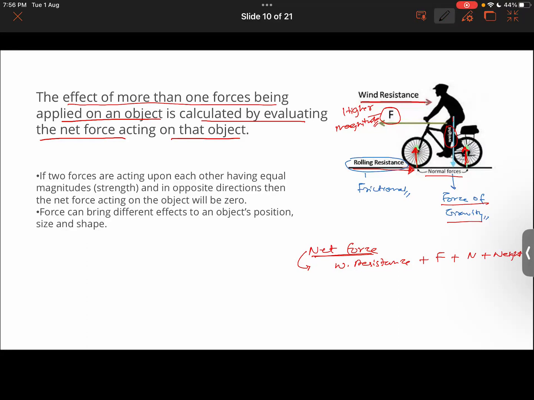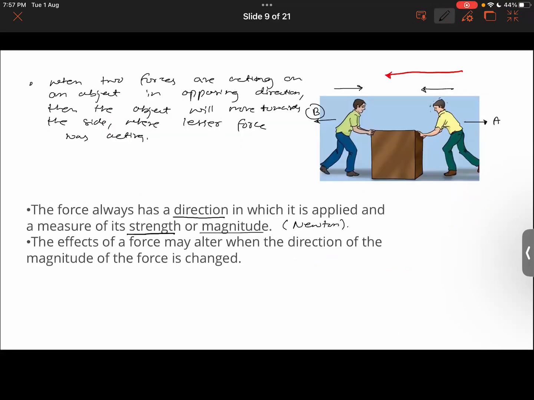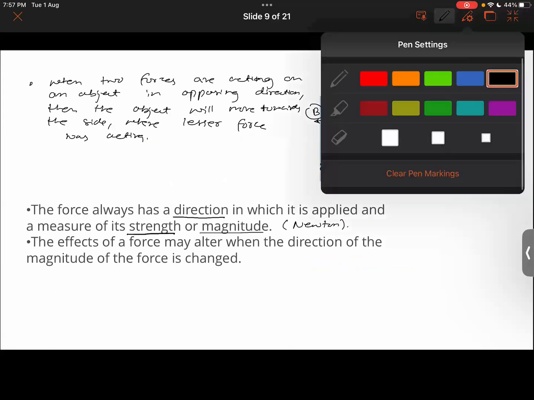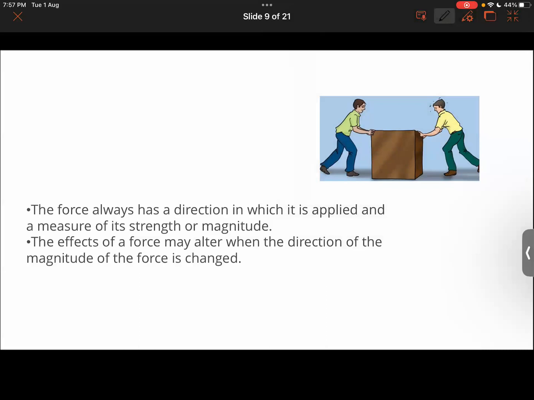Now let's say that both the boys were applying force of equal magnitude. This boy was applying a force of 50 Newton, and this one was also applying a force of 50 Newton in the opposite direction. There are two forces acting here, F1 and F2.